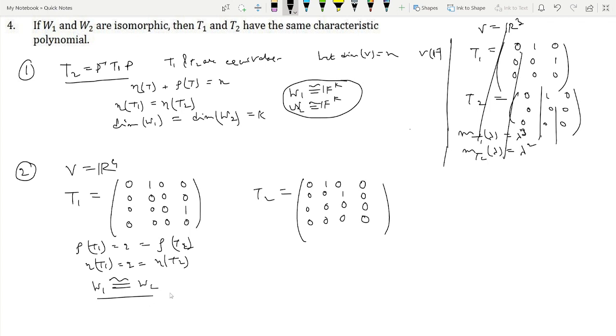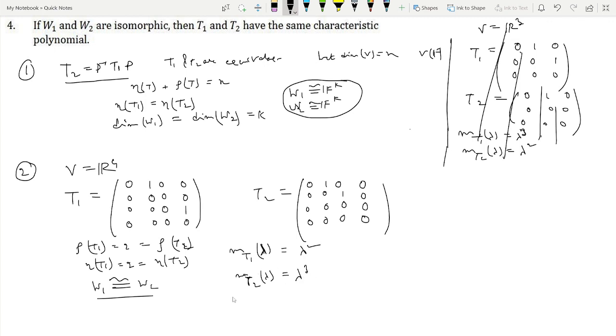So now for option 2, the hypothesis is satisfied: the condition W1 is isomorphic to W2 holds. But see here, the minimal polynomial of T1, that is m_T1(lambda), has two Jordan blocks, so the size of the largest block is 2, so this is lambda squared. And for T2 there are two Jordan blocks of sizes 3 and 1, so the size of the largest block is 3, so this is lambda cubed.